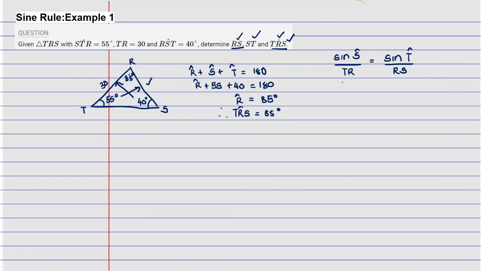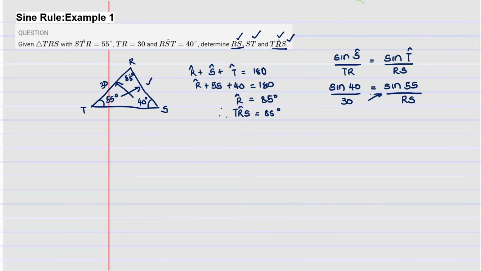So let's substitute all the numbers. Sine 40 degrees divided by TR, which is 30, is equal to sine T, which is 55, divided by RS, the one we're looking for. So we cross multiply.